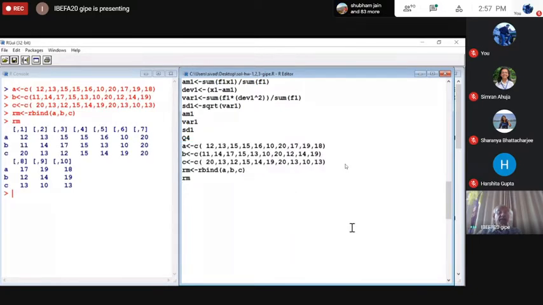This is the matrix. A, B, C are rows. 1, 2, 3, 4, 5, 6, 7, 8, 9, 10 are 10 students. Ten students are the columns. Divisions are rows.